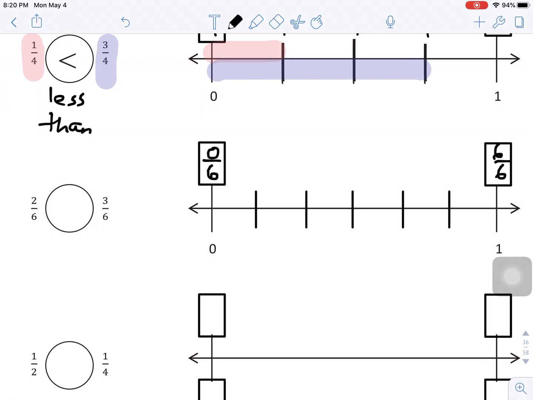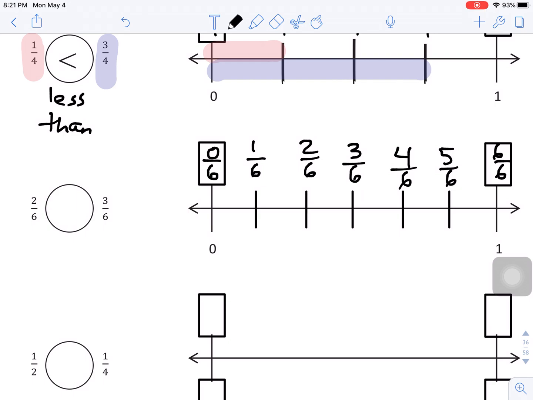And let's just label the number line between 0 and 6. Well, after 0 comes, you're right, 1/6. After 1/6 comes 2/6. Then 3/6. And then you're probably already ahead of me with 4/6. And the last one, 5/6. And then of course we have 6/6 at the end.